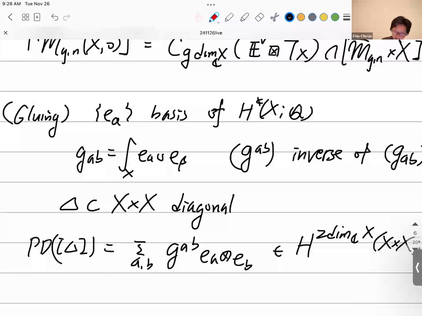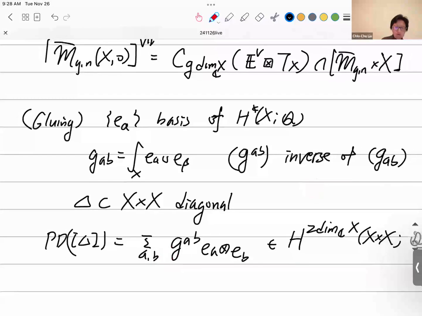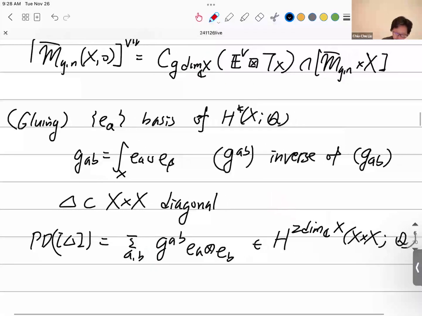The interesting one is the gluing axiom, relating things. Before we can state this axiom of gluing, let's take some basis of the rational cohomology of the target X. The Poincare pairing is non-degenerate.